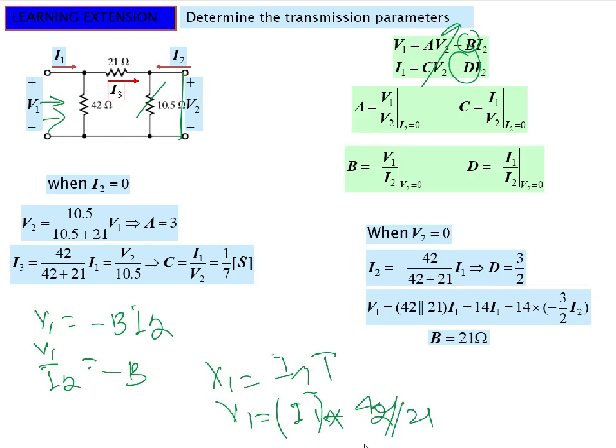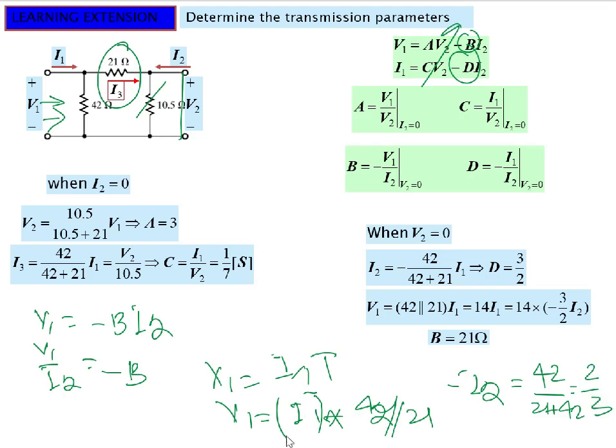Now replace this I1 in terms of I2. So I2 is the part of current that is flowing in this branch of this circle. So we can say that I2 is minus current in which I1 is not flowing divided by current branch in which I1 is flowing plus not flowing. So 21 plus 42, which turns out to be 2 by 3.